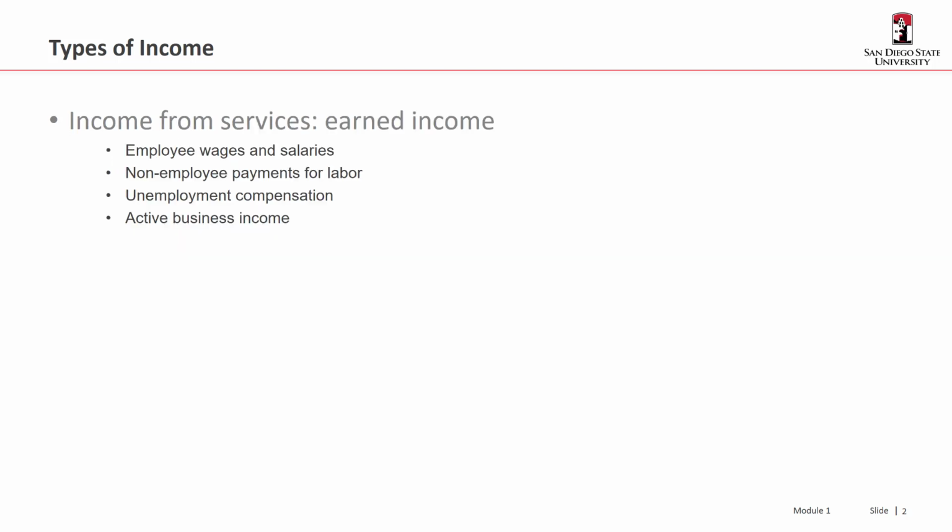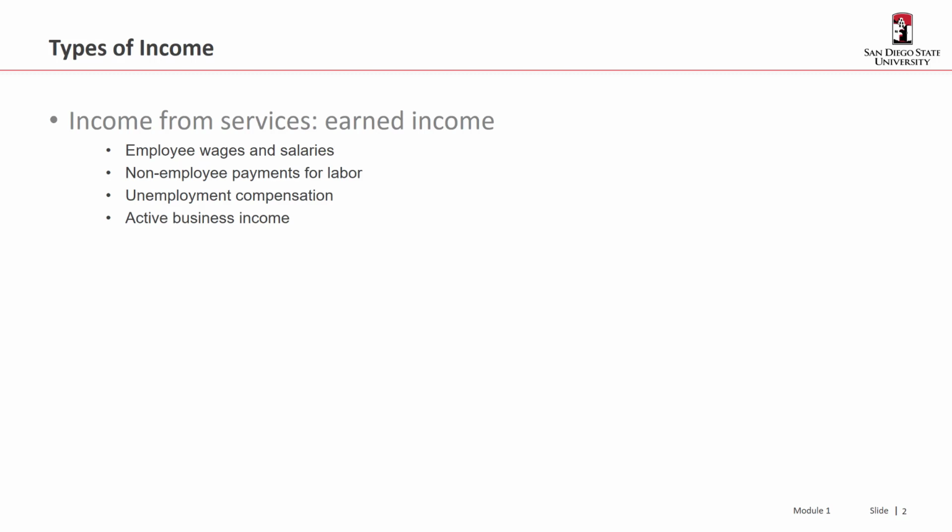Okay, so let's talk about income from services, and this is earned income. So for example, employee wages and salaries, non-employee payments for labor. So for example, your Uber driver, they're often not an employee of Uber, they're a non-employee, but they receive payments from Uber that are considered non-employee payments because they're independent contractors.